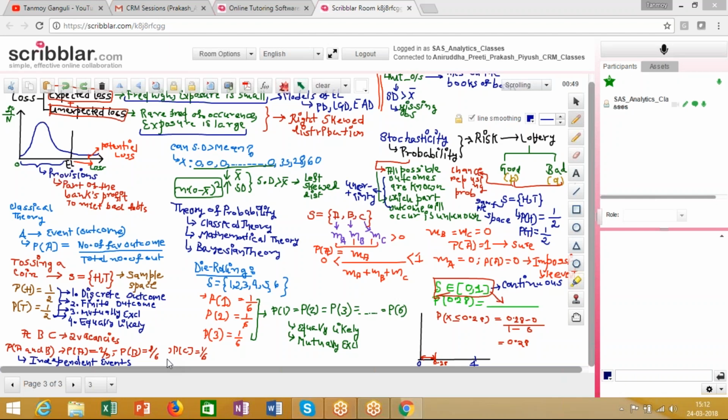When I try to take up this kind of problem, I see that the classical theory does not make much of an impact, right? To solve these kinds of problems, we have an advancement of classical theory, which is called the axiomatic theory of probability.